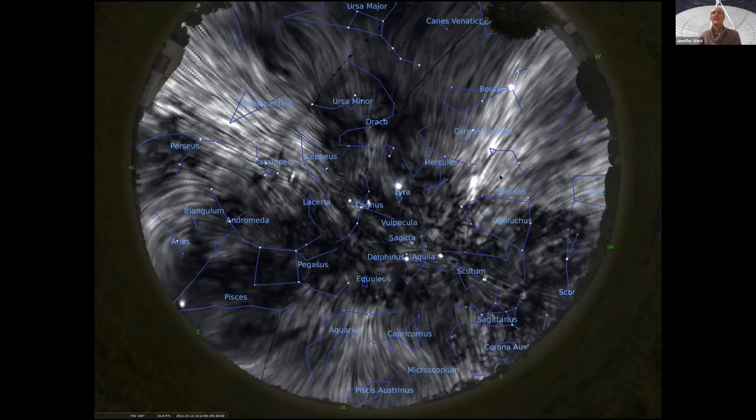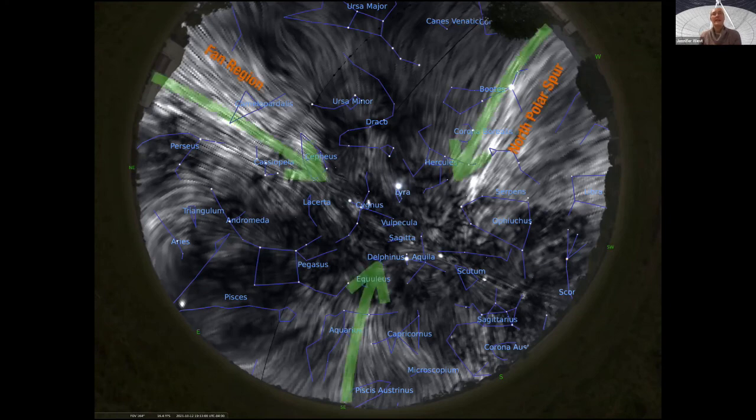And this is actually set as we would see it from Winnipeg just after sunset, a little bit earlier in the year. But I think if you observe the sky and you can find these constellations, you can kind of get a sense of how this will stretch across the whole sky.